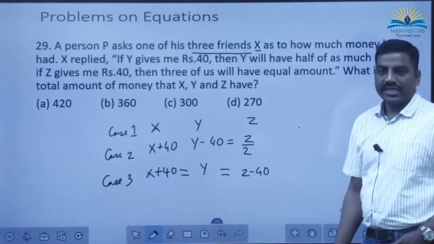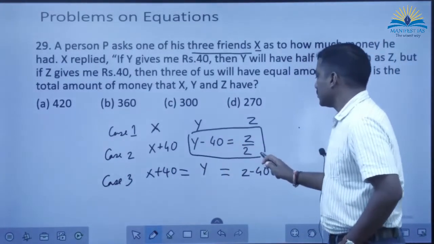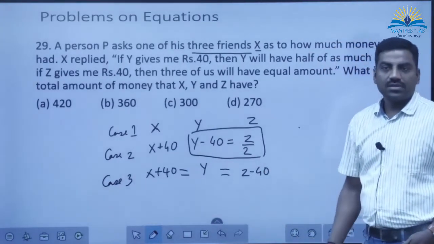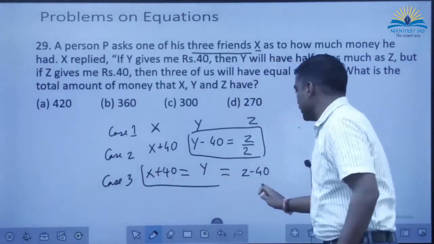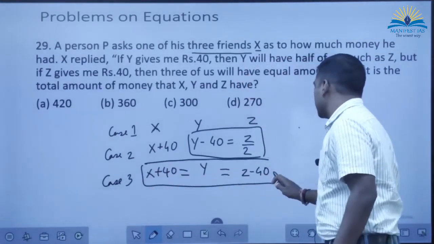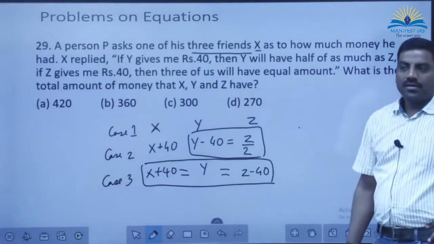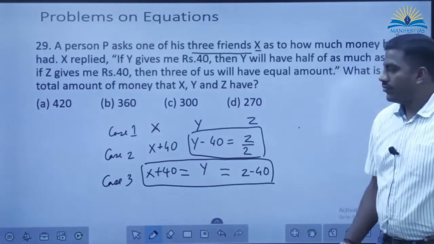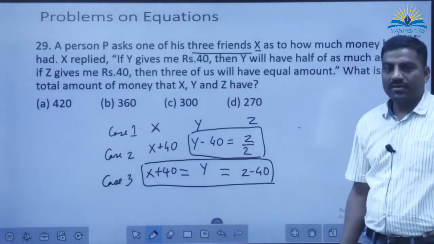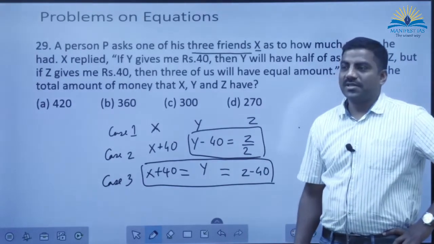Correct? Yes or no? This is one equation. Another equation is this. But totally how many equations are there?